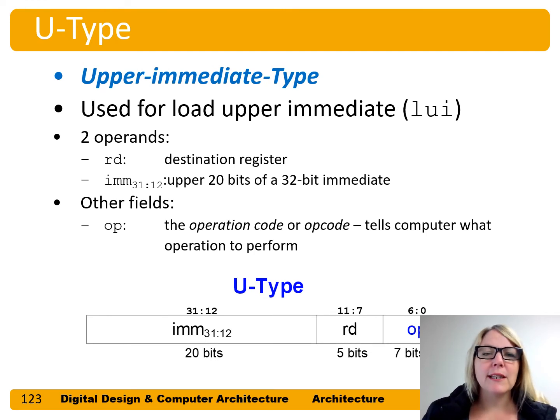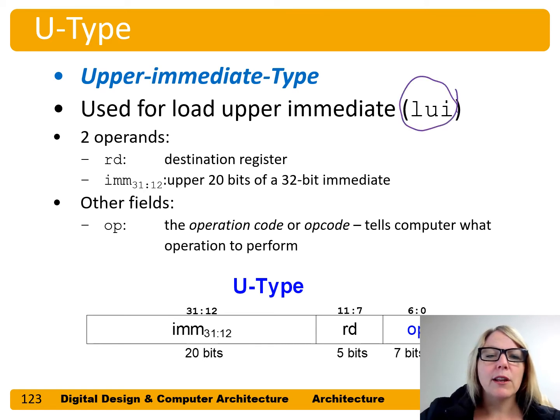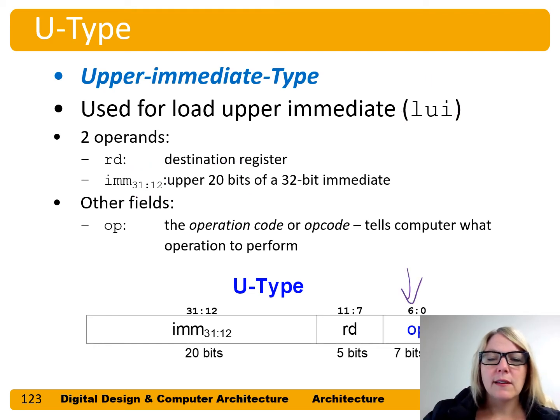So here's the upper immediate type, or U type instruction. It's used for load upper immediate, and we're going to encode the upper 20 bits of a 32-bit immediate, so bits 31 to 12. Again, those lower bits we don't need to encode because they're zeros. This instruction only includes a 7-bit opcode.